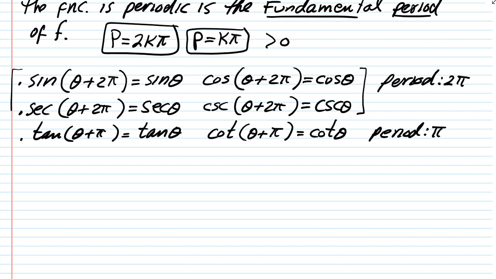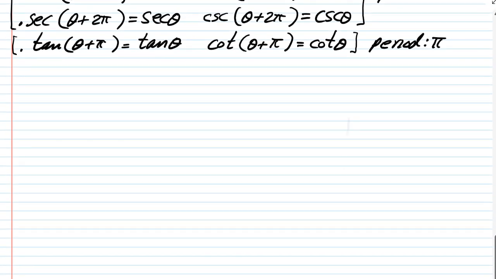So for the 4 trig functions sine, cosine, secant, cosecant the period is 2 pi, and for tan and cotan it is just pi. Now, we are usually interested, by the way, in trig values over one cycle or one period because they repeat themselves beyond that.